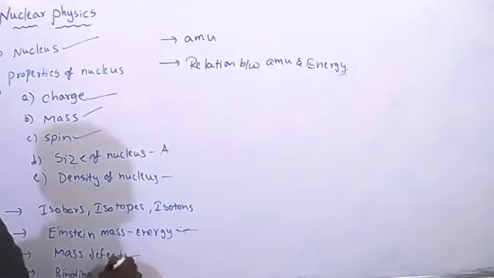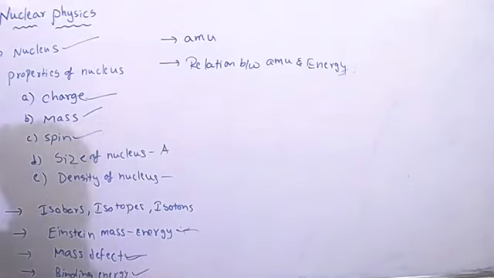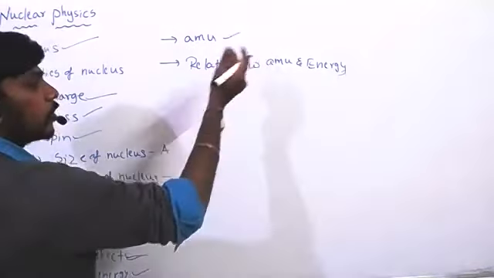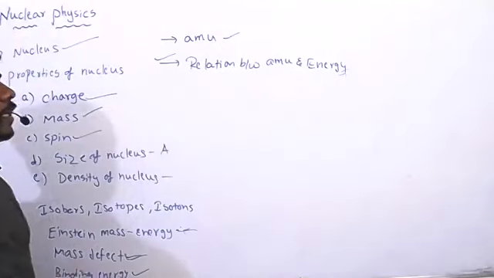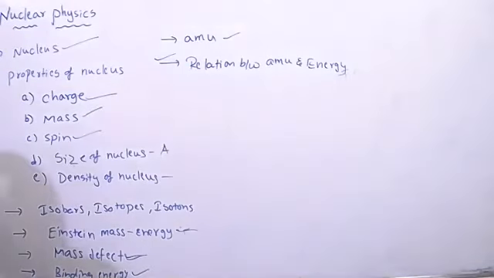So mass defect and binding energy formula also. And AMU, one AMU equals how much? And the relation between AMU and energy. These are the things that we have discussed in nuclear physics. The lesson is very small, but you have to read with concentration. Then you can gain marks from this lesson. Easily you can complete it.